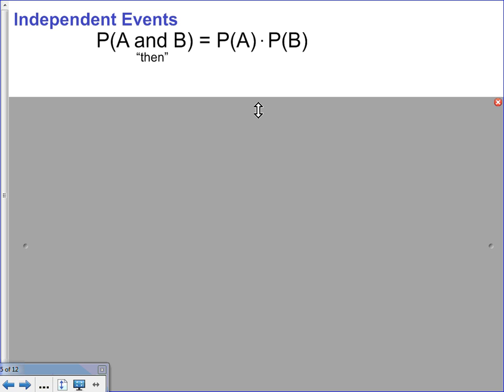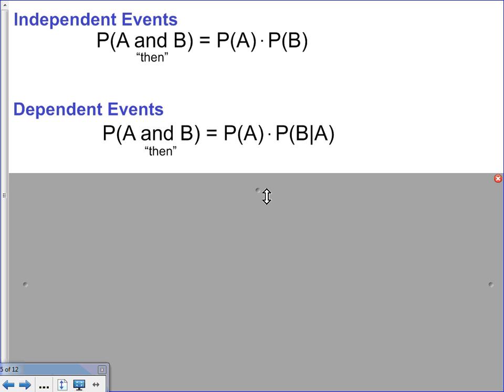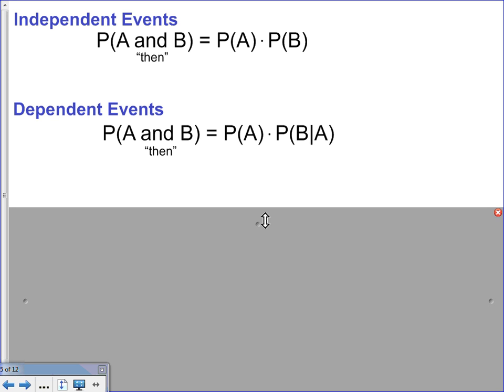Now, there's a formula for dependent events, and I want you to write it down, but I will say this as you're writing it. It's the same thing. The probability of A and B is equal to the probability of A times the probability of B with a little extra condition. And there's that line with the A after it. Okay.